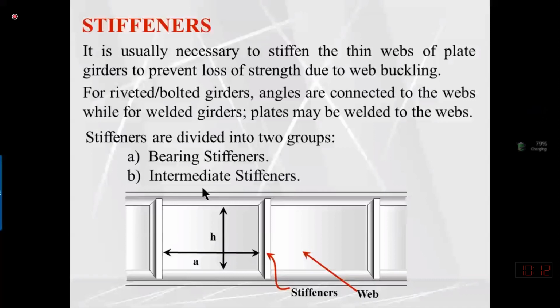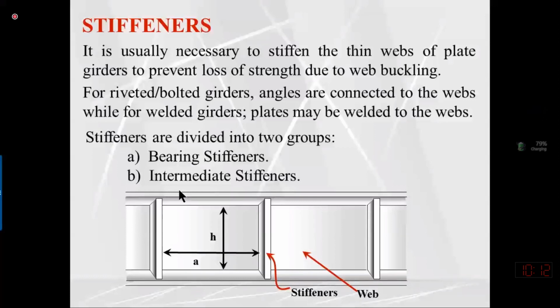This means that the plate girder web will always undergo elastic buckling. Elastic buckling means that the web will buckle at a stress value much lesser than yield value, so the web buckling strength will be very less.